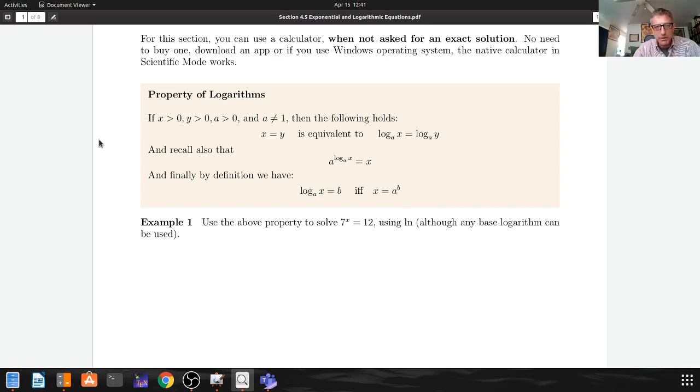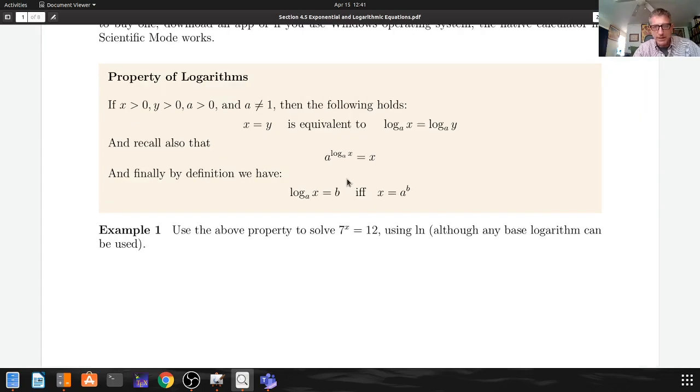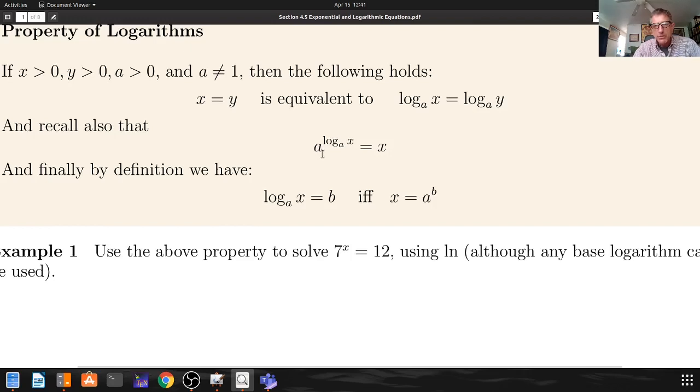We also will use this: a raised to the log to the base a of x is equal to x. And another one, this is actually by definition: log to the base a of x is equal to b if and only if x is equal to a to the b. It's not hard to use this definition to derive this property.